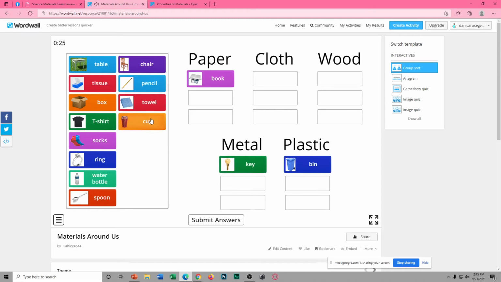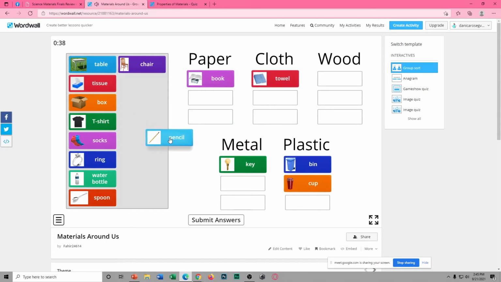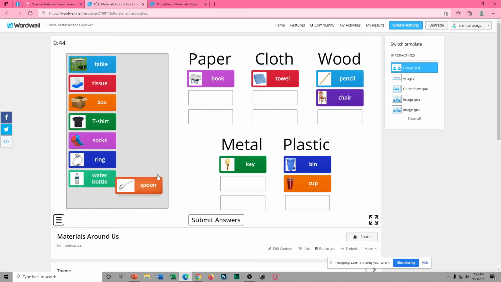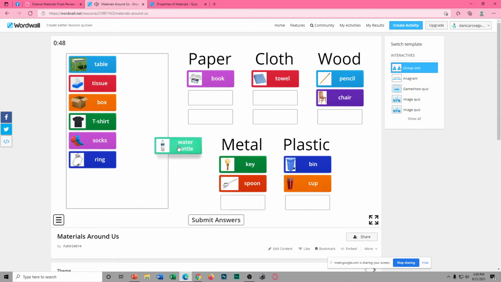Next, cup. Plastic cup is made of plastic. Next, towel. Towel is made of cloth. Pencil. Wood. Chair. Chair made of wood. Spoon. Metal.